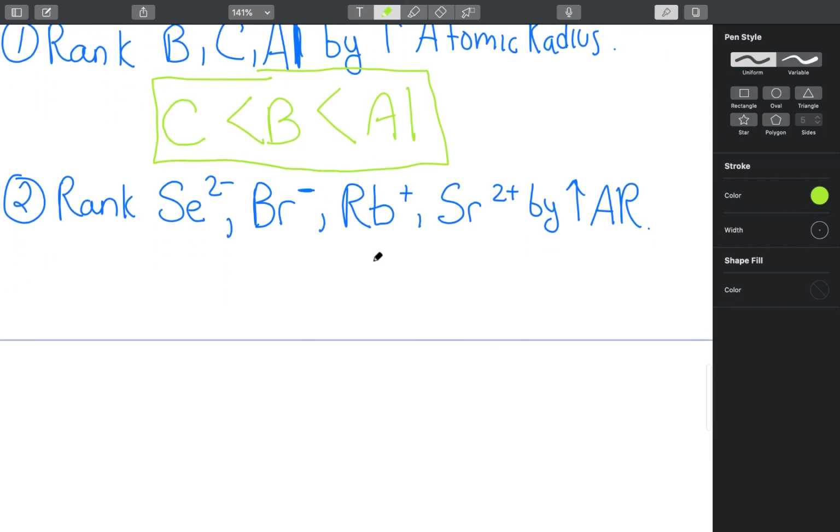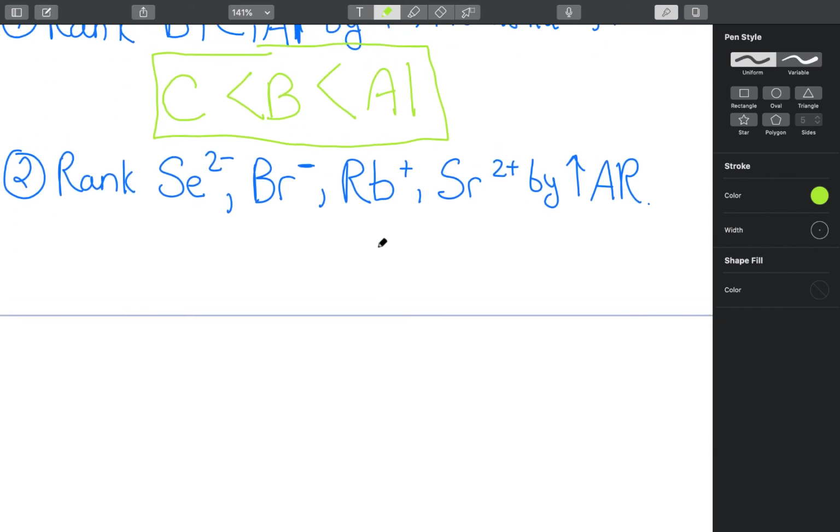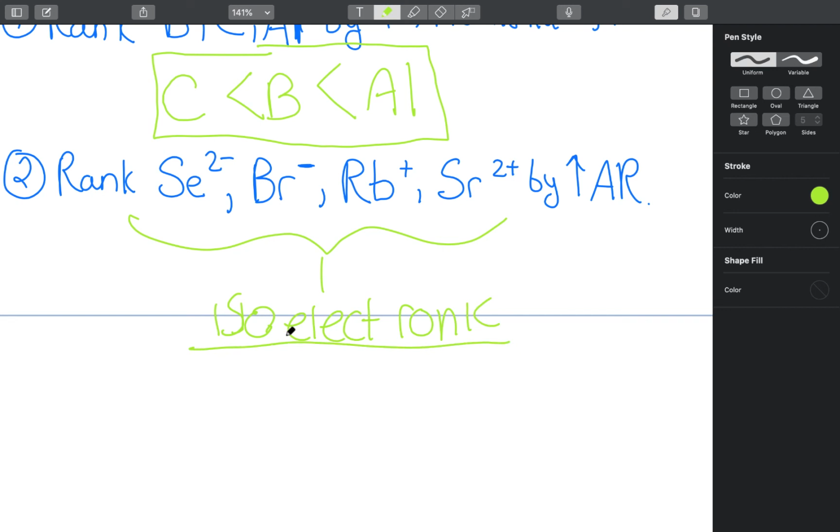So the next one is a little bit trickier. In this one, the best way to do it is to see how many electrons are in each one and to rank them accordingly. It's important to note that all of these are isoelectronic. So what does that mean?